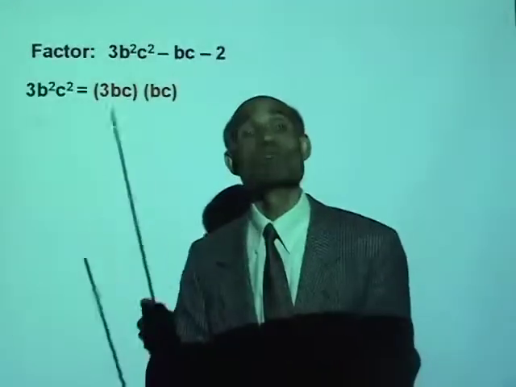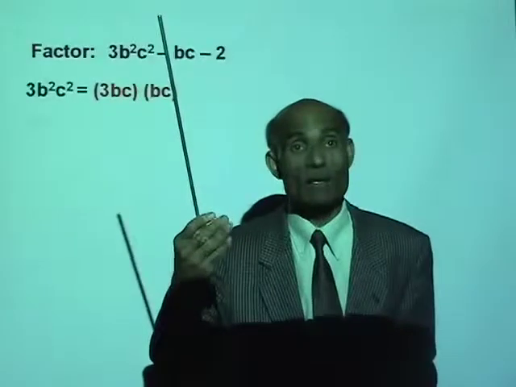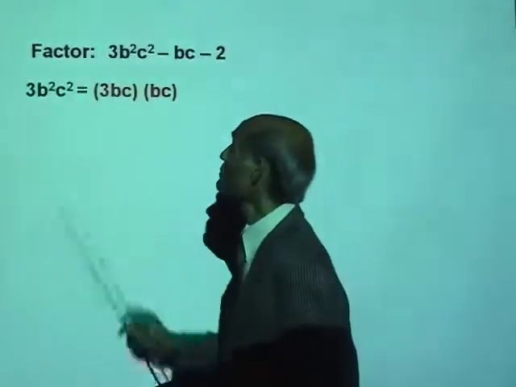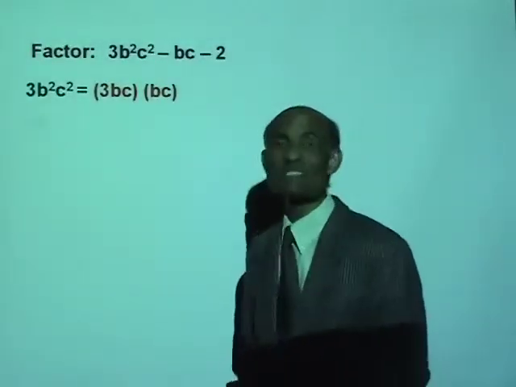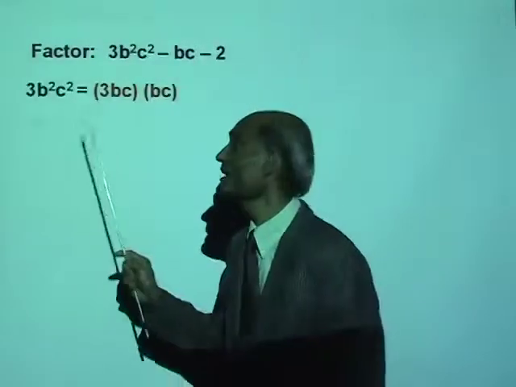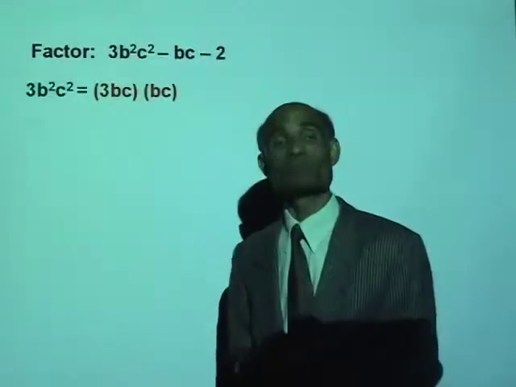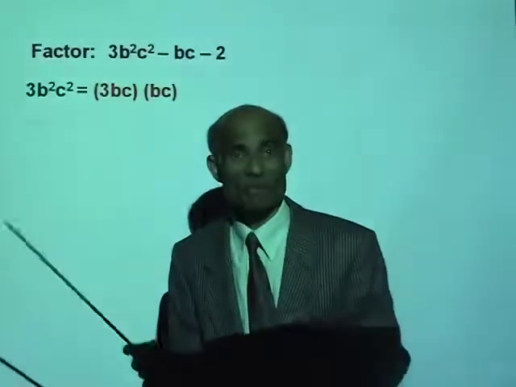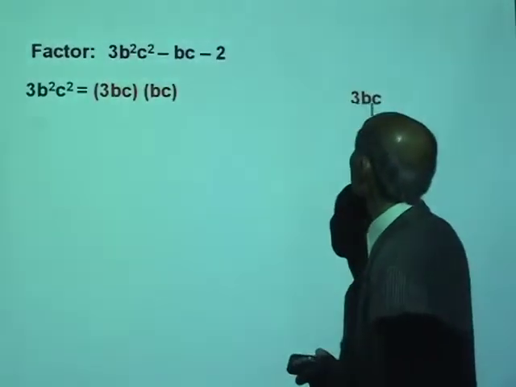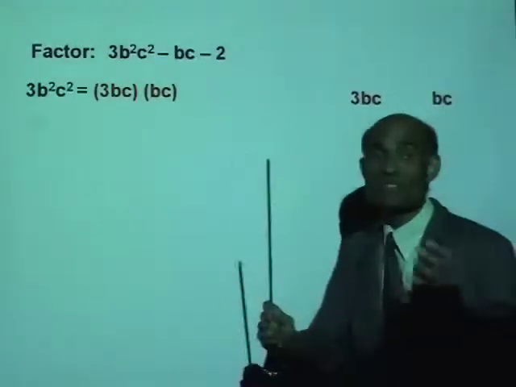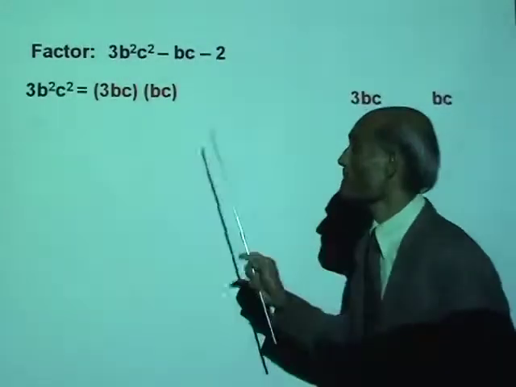Well, therefore, we start from step 1, factor the first term. 3b squared c squared can be factored as 3bc times bc. There's no other way to factor it. Alright, write 3bc and bc side by side.